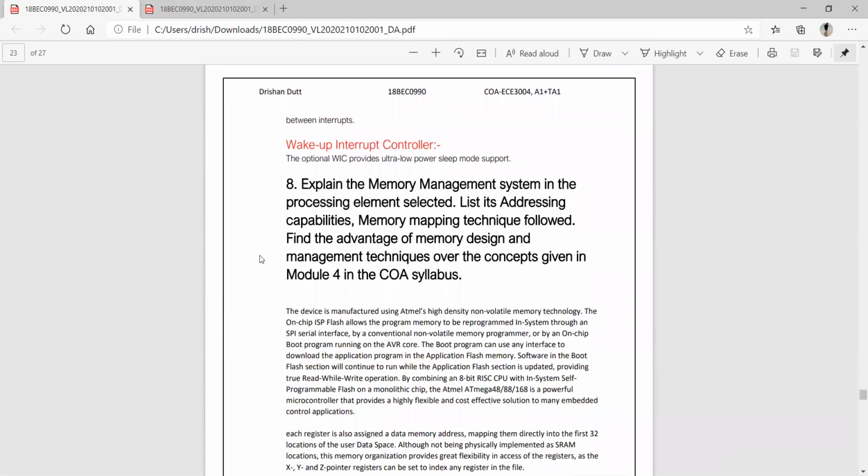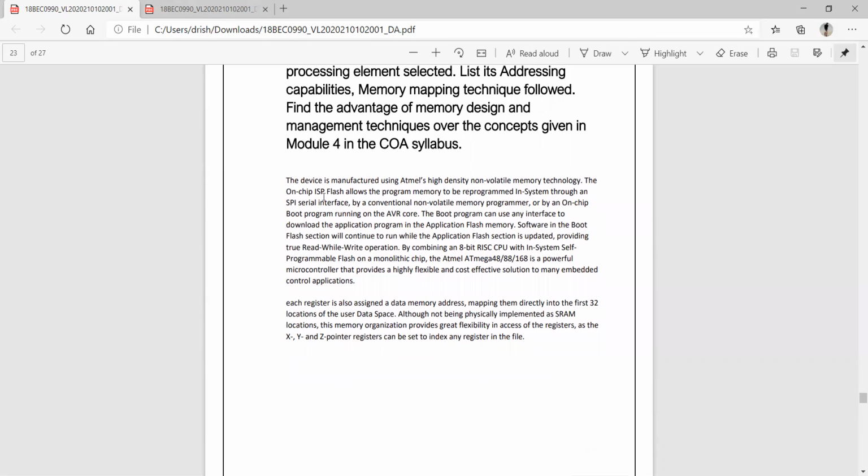Okay, explain the memory management system of the processing element selected. This is the eighth question. The device is manufactured using Atmel's high-density non-volatile memory technology.